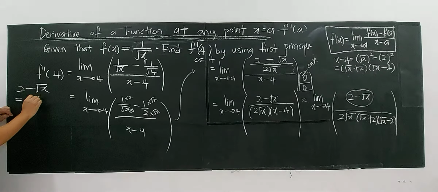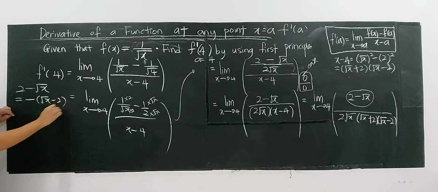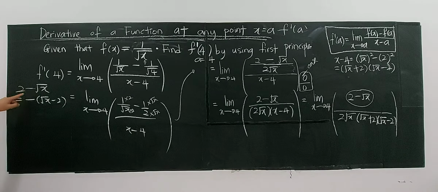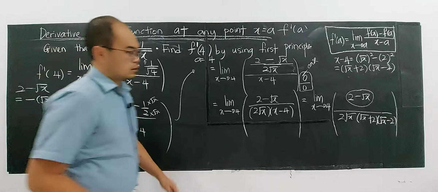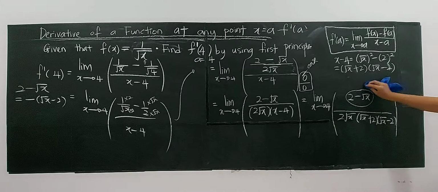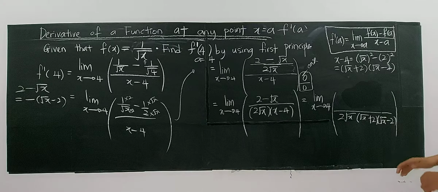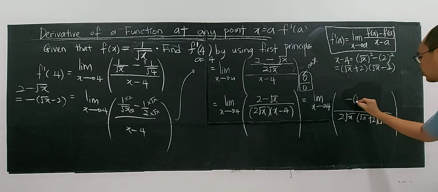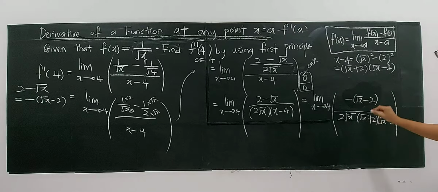You can take out the negative, then you have square root of x minus 2. If you take out the negative, negative square root of x, positive 2, I can convert this into negative times square root of x minus 2, so that I can eliminate this common factor.